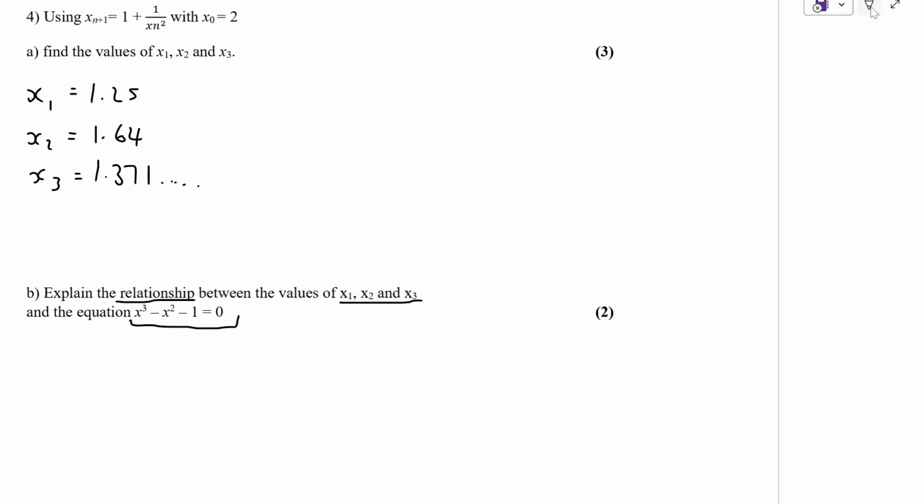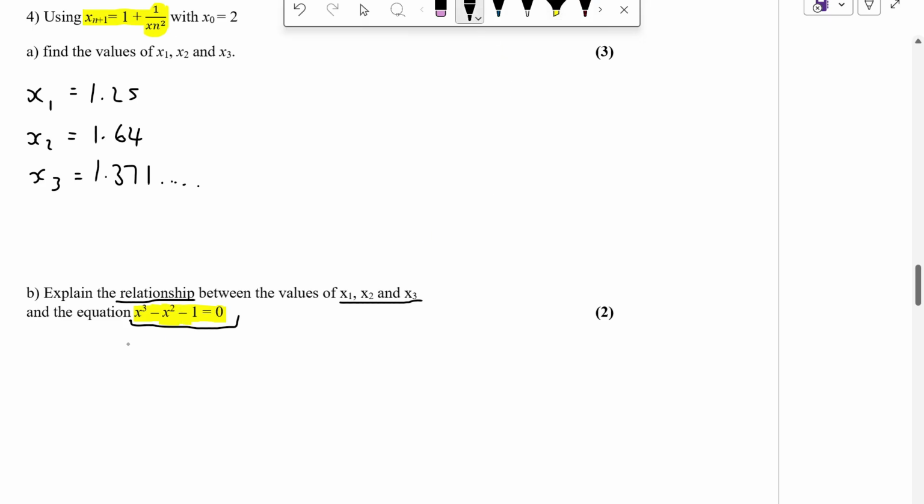First, you need to show that this equation here that they have given you is basically this equation here. Okay, we get there by rearranging, and once we show that is the case, then that means x1, 2, and 3, they are just estimates of a solution to this equation.